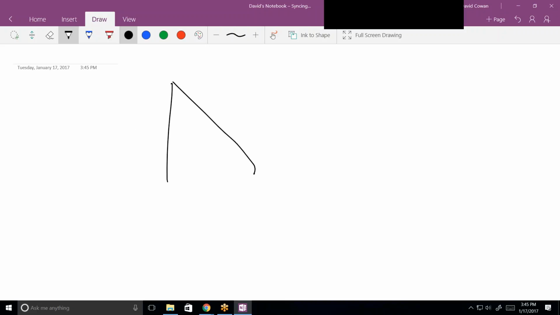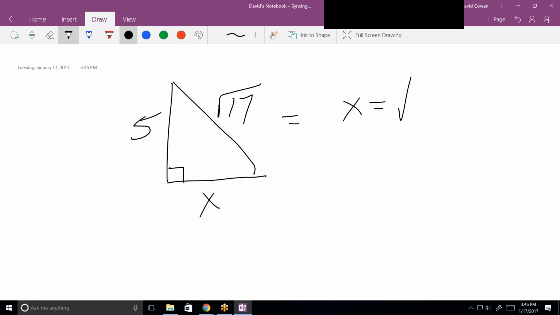Another one. X equals the square root of 17 minus 5 squared.